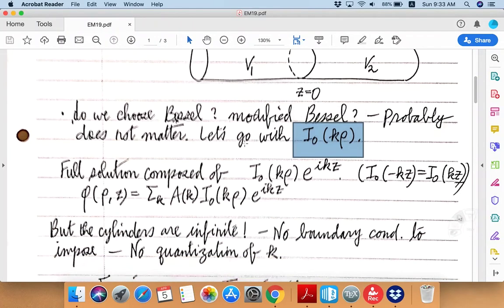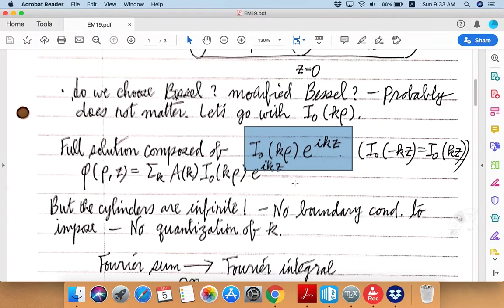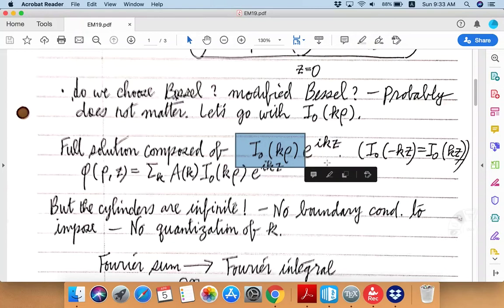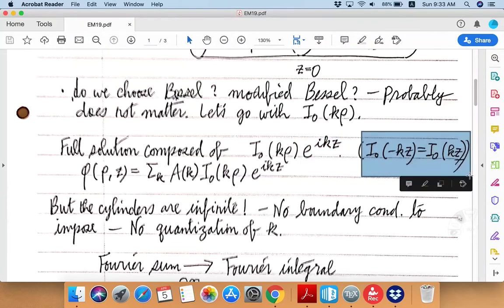In that case, the full solution is given as the superposition of this type of functions, where the radial dependence is given by the modified Bessel function, and the z dependence is given by the oscillatory function. And we're going to use the property of the modified Bessel function that at the zeroth order, this function has the symmetry which makes it an even function of its argument.